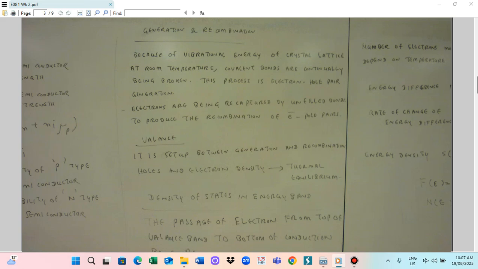In this case, we also calculate the energy density, the density of states in the energy band.